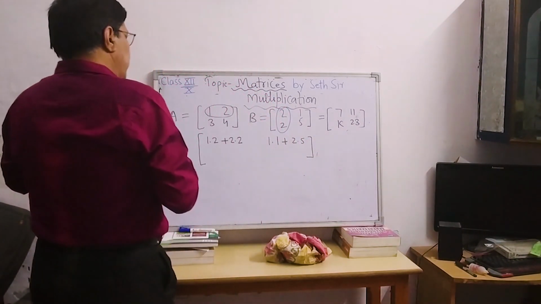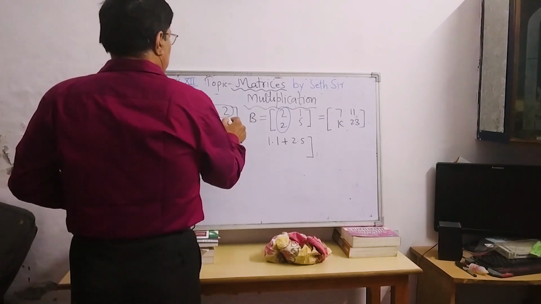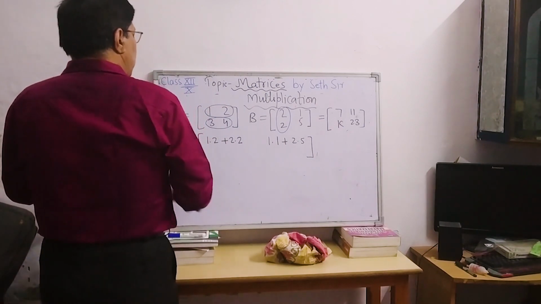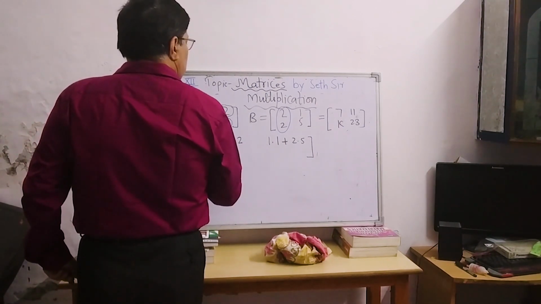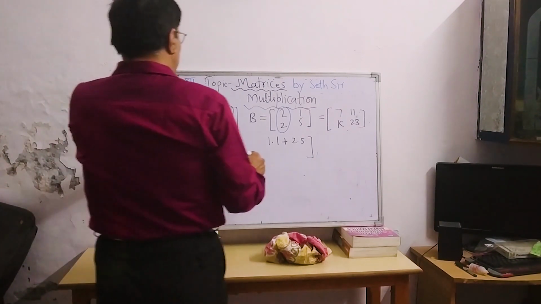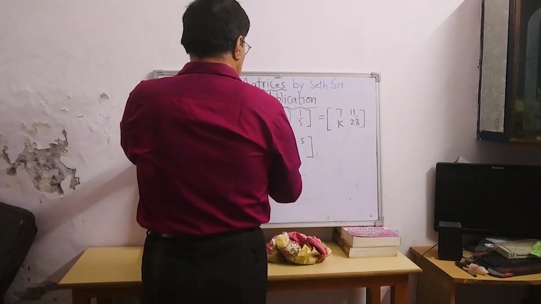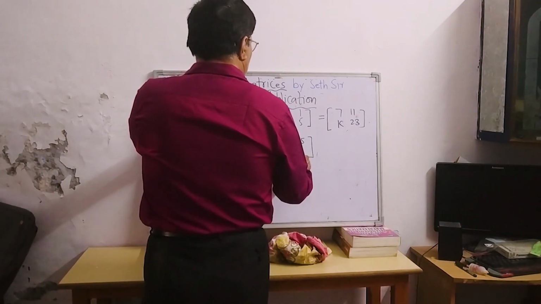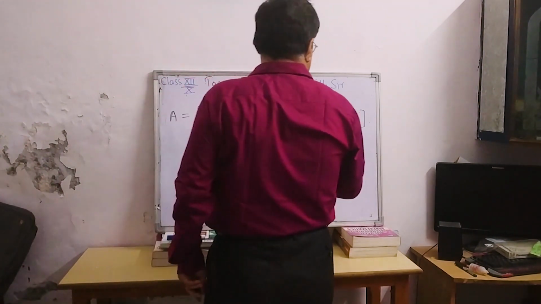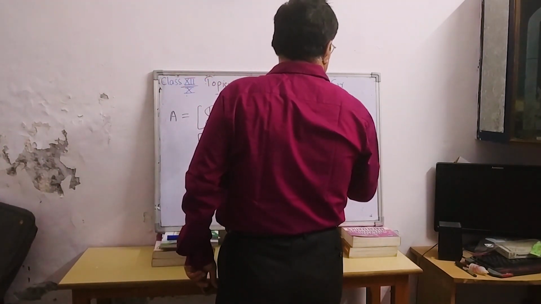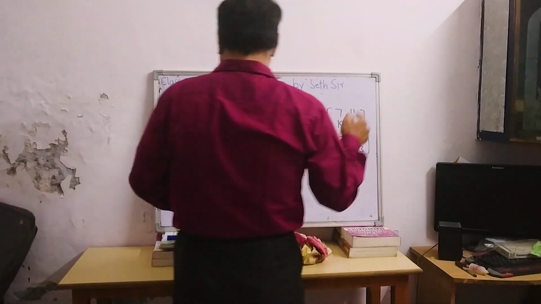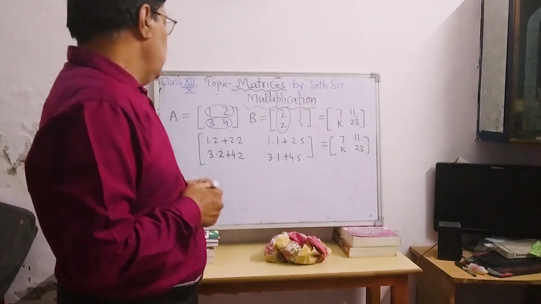Now take this row, and this will be multiplied by this. So what will come? 3 into 2 plus 4 into 2. Then 3 multiplied by this plus 4 multiplied by 5, and this will be equal to 7, k, 11, 23. You can see it. Is this clear to you all, children?